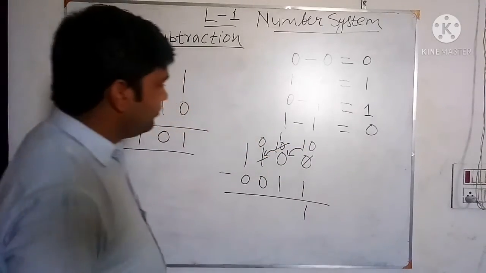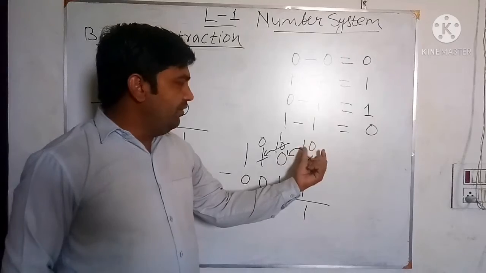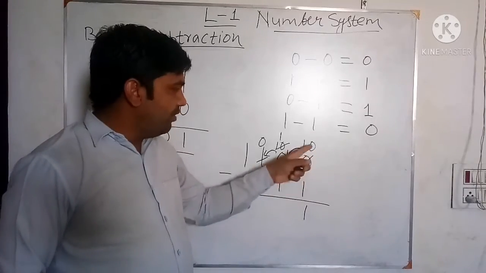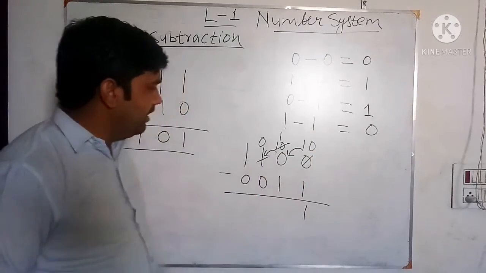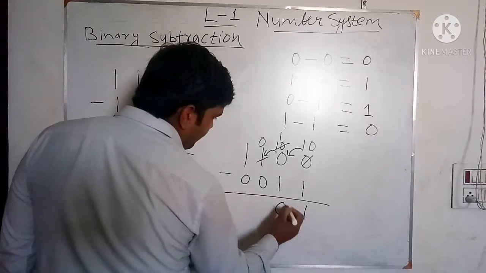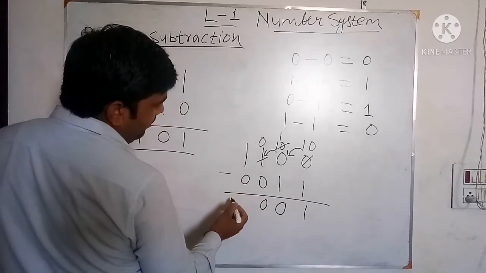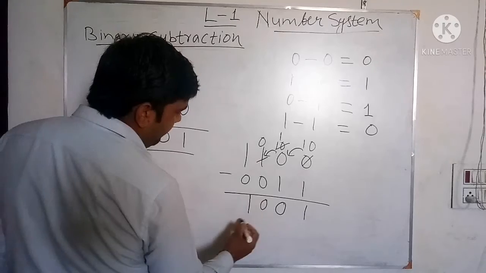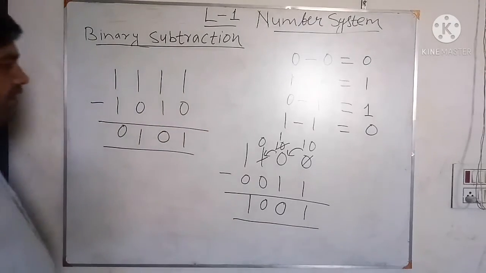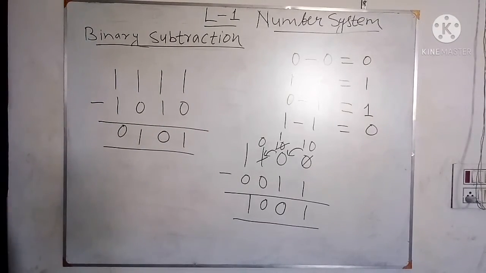So the decimal equivalent of this 10 is 2. From 2 if you subtract 1, you will get 1 only. Now 1 minus 1 gives you 0. Now here 0 minus 0 is 0. Now here 1 minus 0 gives you 1. Now for verification we can check the decimal equivalent.